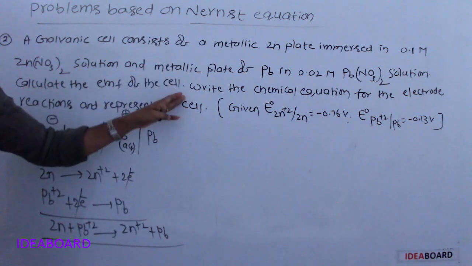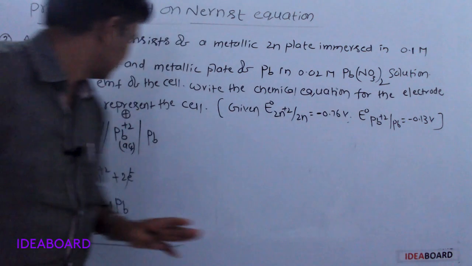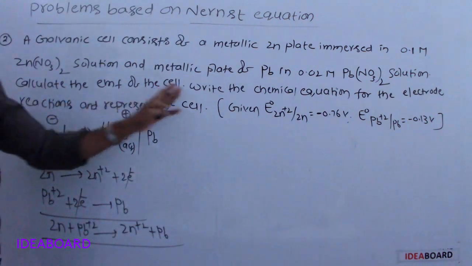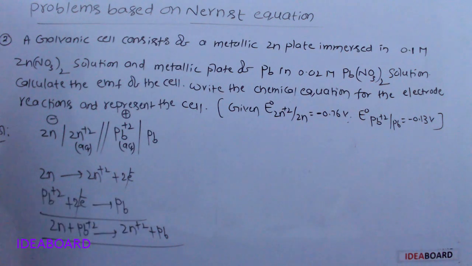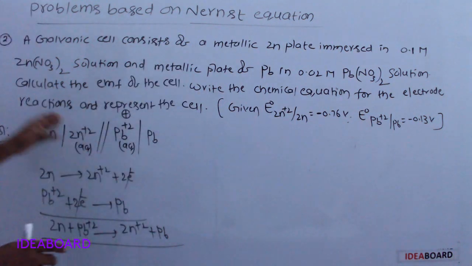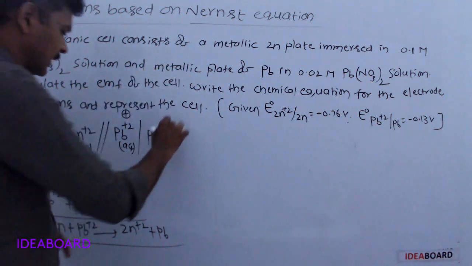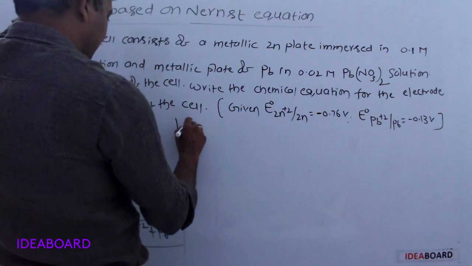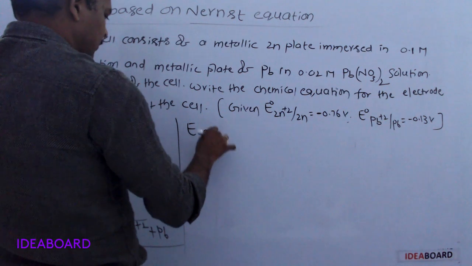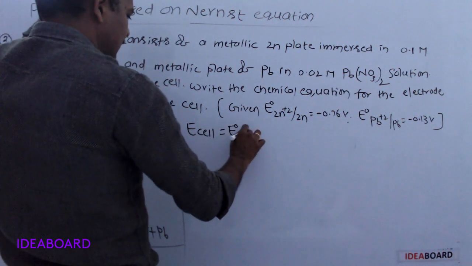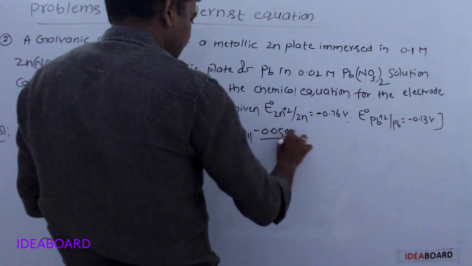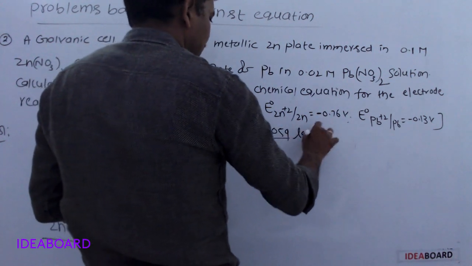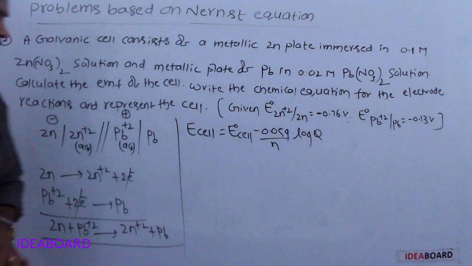This is the cell representation and this is the cell reaction. Next we should calculate the electromotive force of the cell. E cell is equal to E naught cell minus 0.059 by n log Q. This is the Nernst equation.